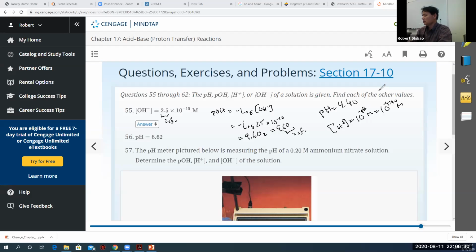Well, what is 10 to the minus 4.4 molar? I'm going to do that on the calculator here. I'm going to do the inverse log, so shift log, and then negative 4.4. That gives me 3.98 times 10 to the minus 5.